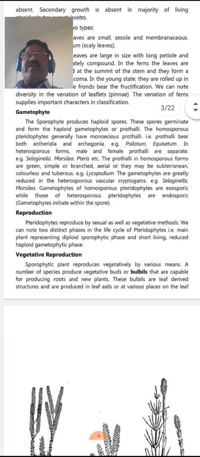Then reproduction in pteridophytes. Pteridophytes reproduce by sexual as well as vegetative methods. We note two distinct phases in the life cycle of the pteridophytes: the main plant representing diploid sporophytic phase and short living reduced haploid gametophytic phase.